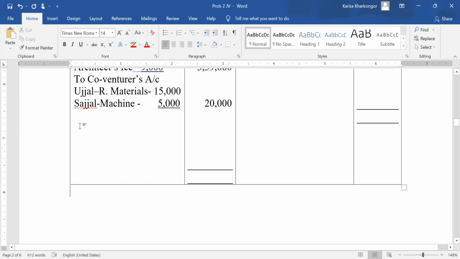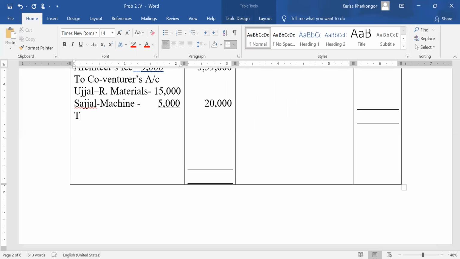Now we make the entry. To Venturers account, Ujjwal for transport 3,000 and Sajal for commission 3,000.